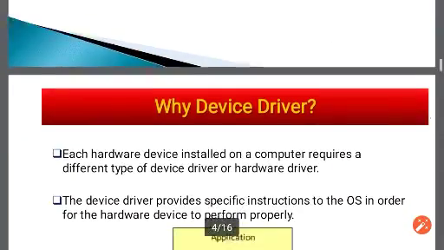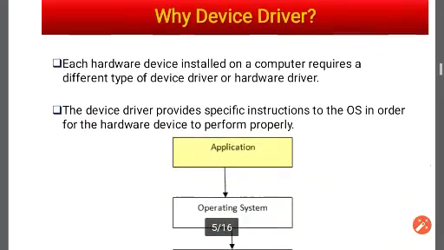Now let us see why at all we require this device driver. The hardware that is installed on a computer requires different types of device driver or the hardware driver. Suppose a printer driver cannot be used for a scanner or for USB. So for them we require a special driver.